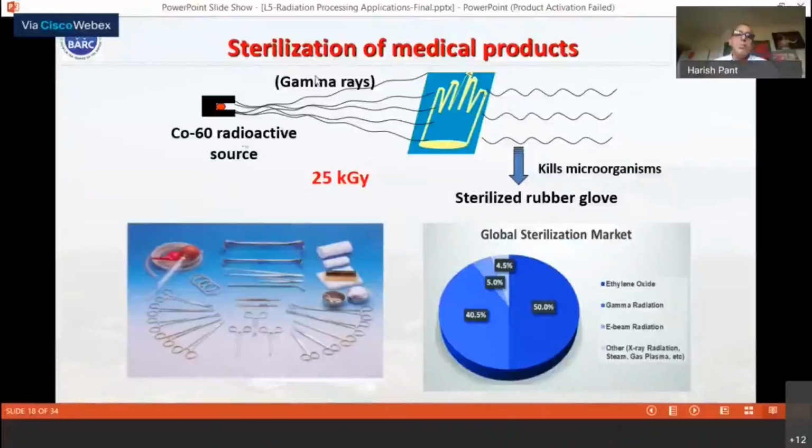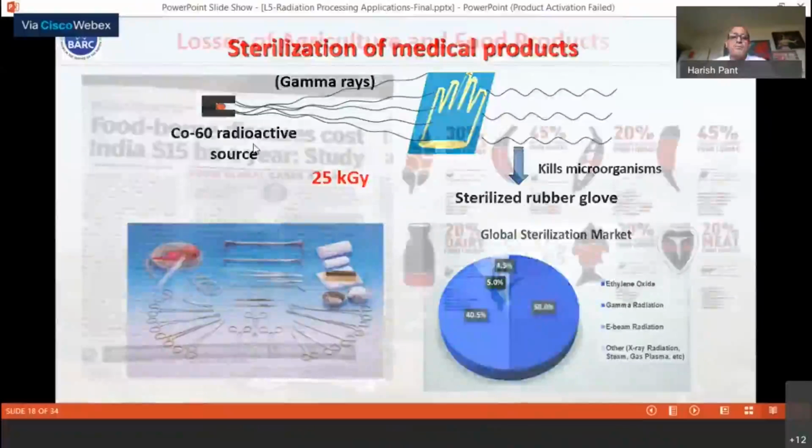Now people are also using electron beams for the sterilization of medical products, and in India also, very soon, a plant with an electron beam machine of 10 MeV will be commissioned in Bangalore for the processing of medical products. Otherwise, most of the sterilization of medical products is carried out in gamma irradiation plants.